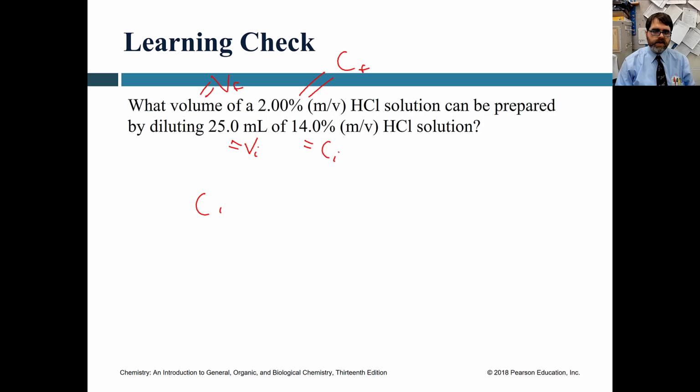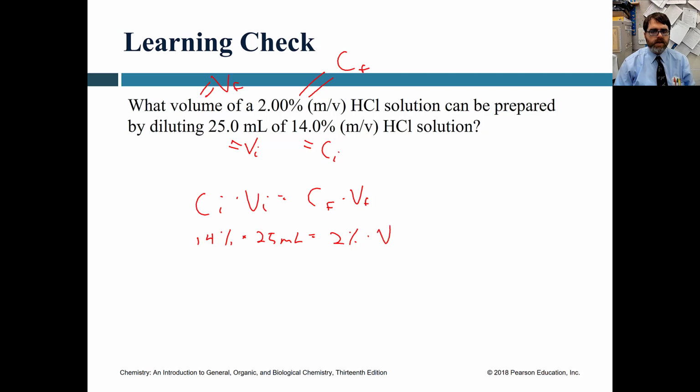And so again, C initial times V initial is equal to C final times V final. Concentration initial is the 14%. Multiply that by the initial volume of 25 milliliters is equal to the concentration final. We are given that this time and asked to solve instead for the volume this time.